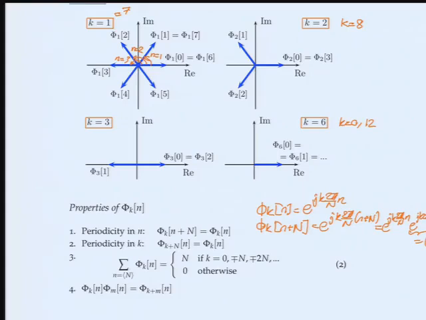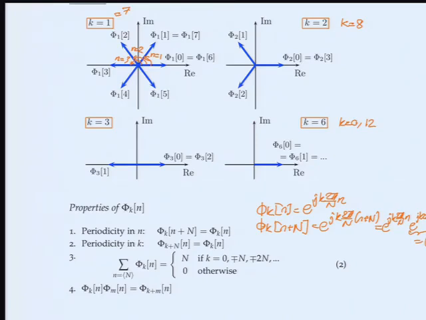You see the same phenomenon for almost all k with one exception: k equal to 6 or k equal to 0. In general, k equal to capital N. Those are the exceptions. Because when I'm averaging over one period phi k of n, if k is 0 or capital N or 2N, 3N, etc., then I'm really adding ones, just like in this picture here at the bottom right.